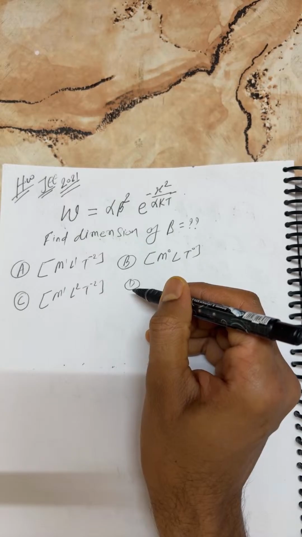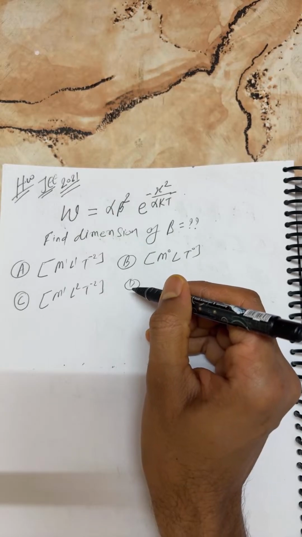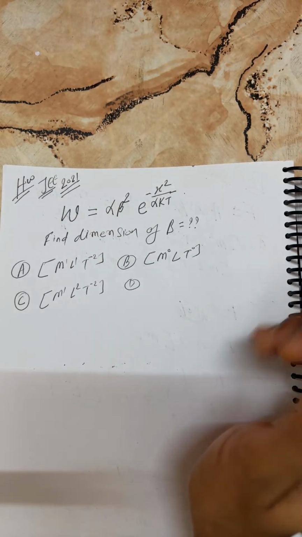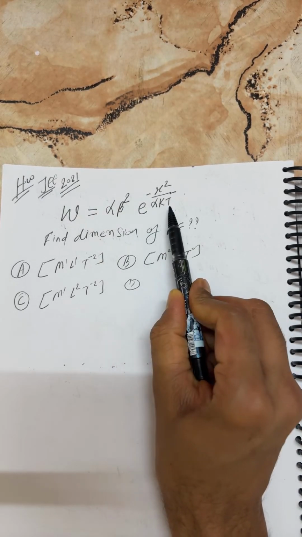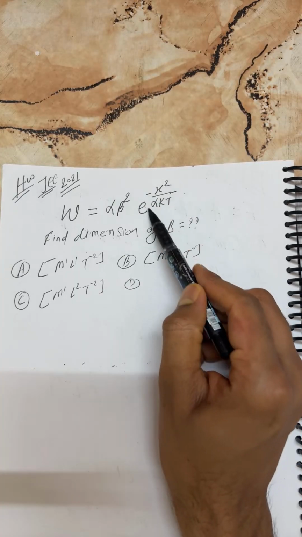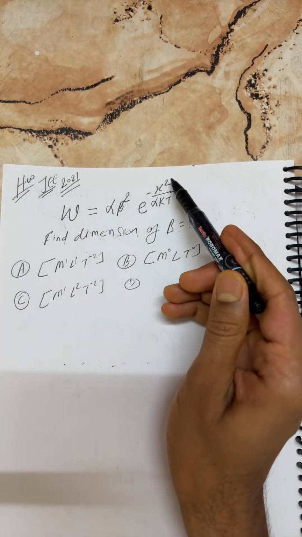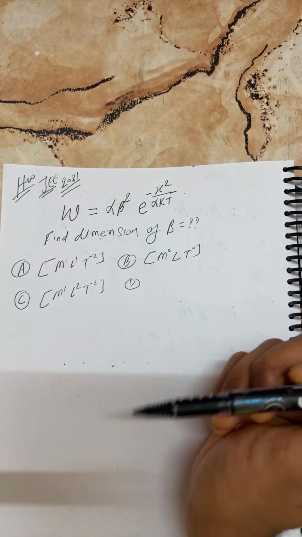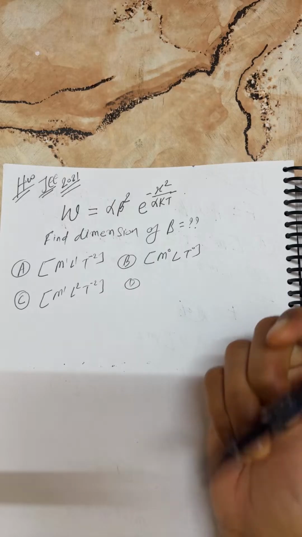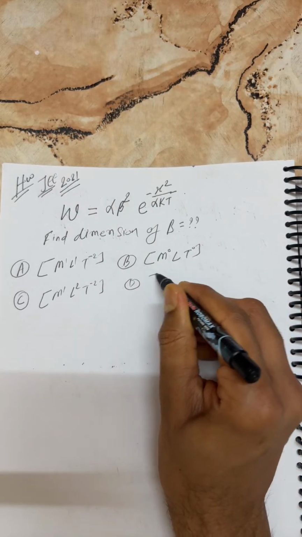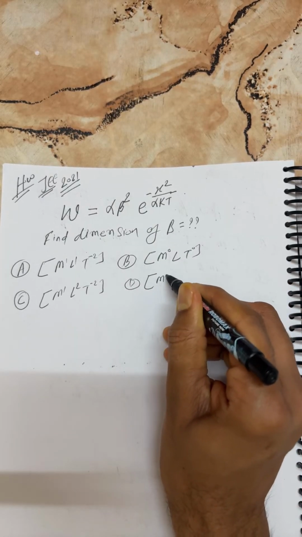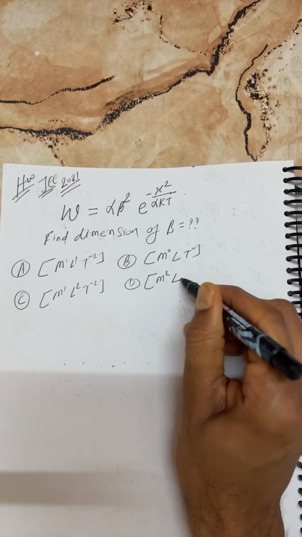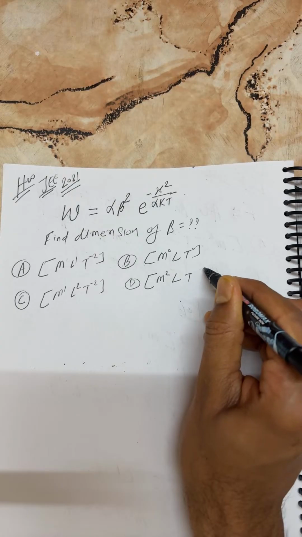Sir, exponential is dimensionless, right? Yes, beta, same approach applies. The exponent is dimensionless, but you can equate this entire term to 1. If you want to try it, you can; otherwise take this as a homework question.